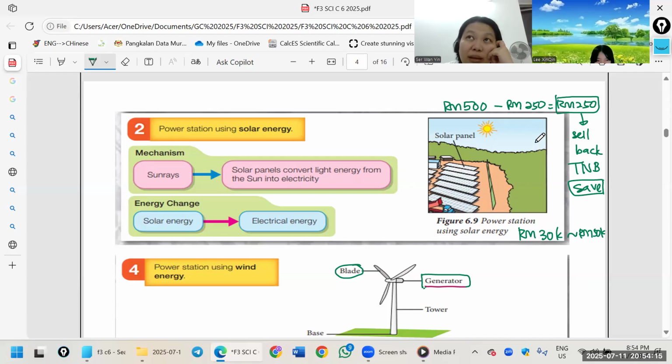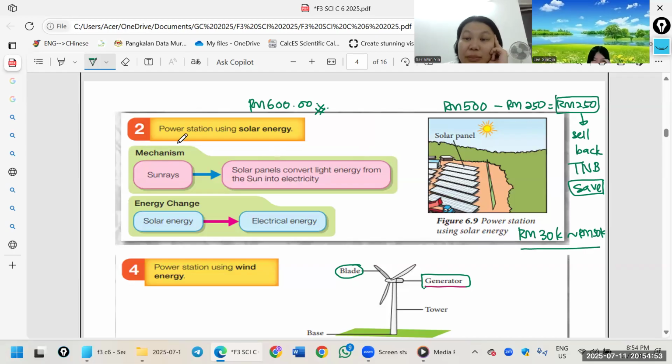They say sometimes they need to pay like 10 or 20 ringgit. So let's say if you have a landed house and your house bill is more than 600 ringgit per month, you can actually think of installing solar panels. My condo cannot, and my electricity is, I think, less than 160.